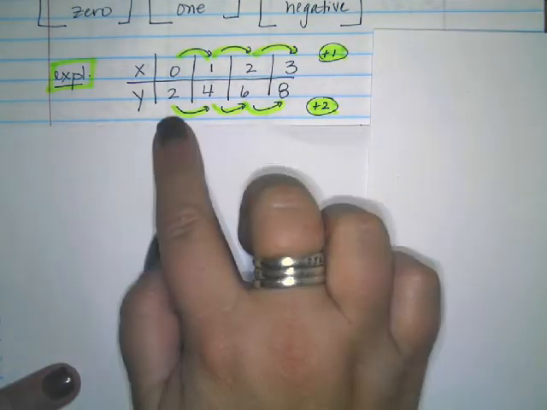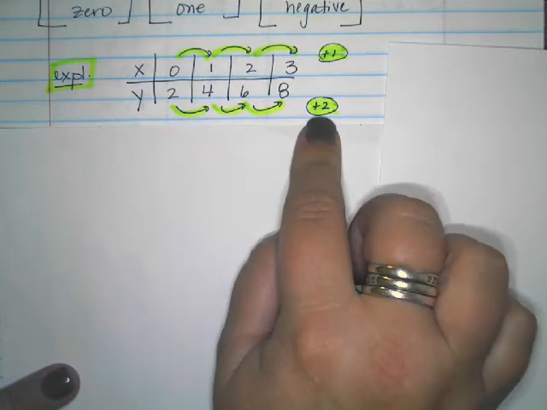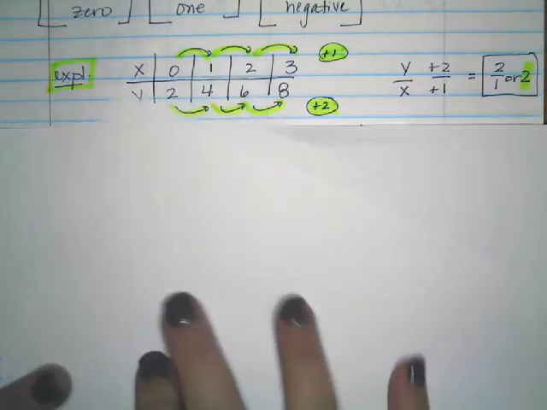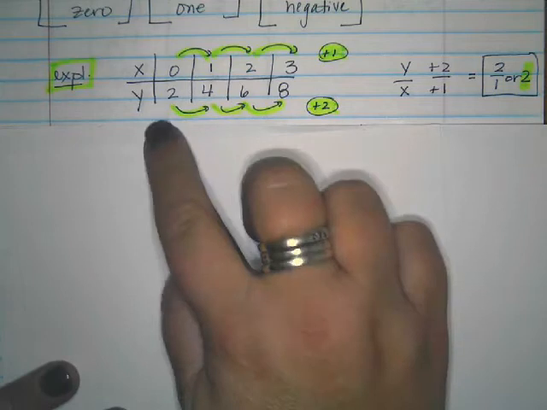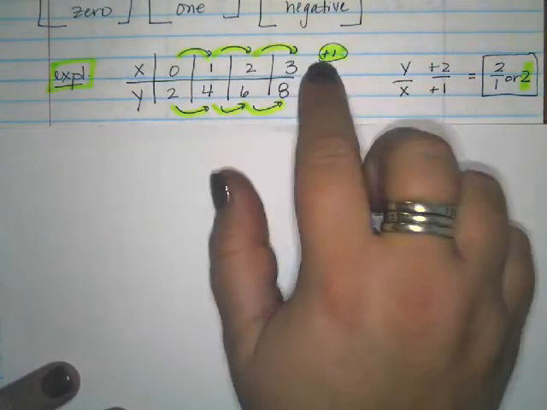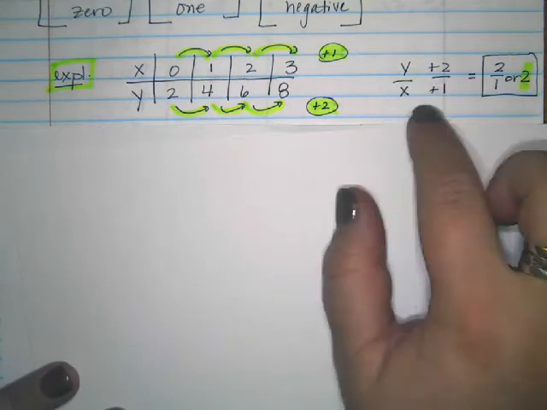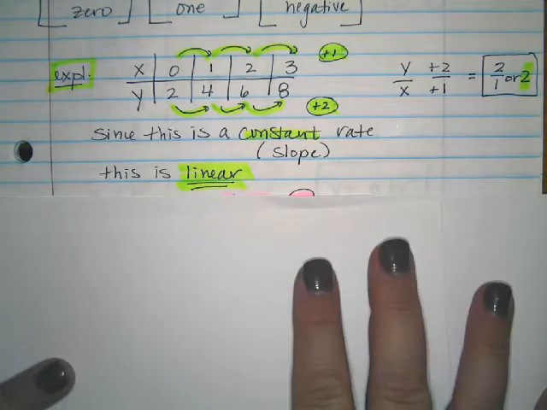And then as we look at y, I see it's +2, +2, +2, which is why I wrote +2 right here. This should look familiar to us because we had been working on slope for a very long time. Change in y, the rise, over the change in x, or the run.